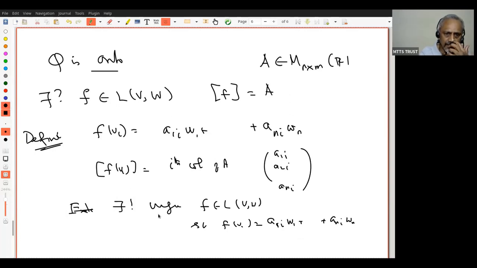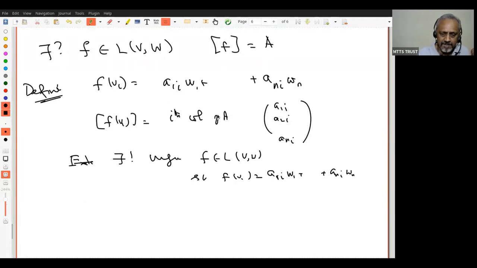So that is the linear map, and by very construction the matrix representation of f is precisely A. Please follow this.